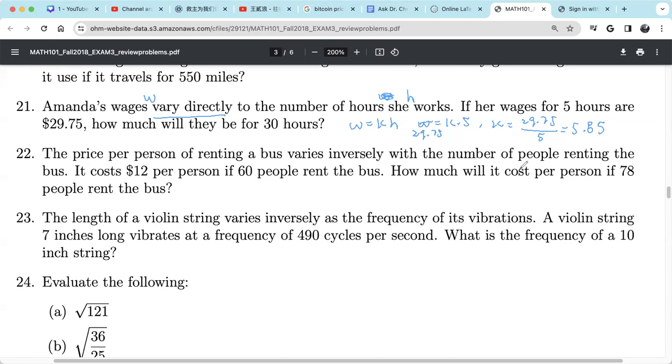Now the question is asking, how much will it be for 30 hours? So the wage for 30 hours is 5.85 times 30 hours.